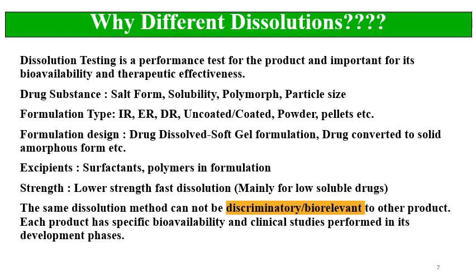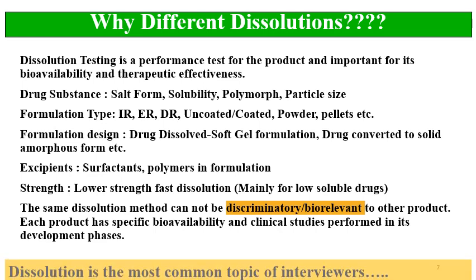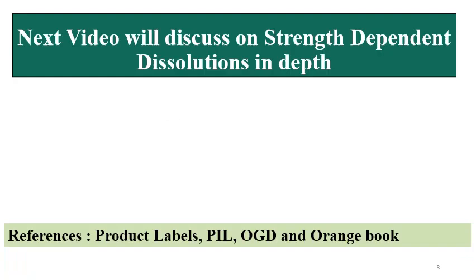And this is a very important point to consider. Each product has specific bioavailability and clinical studies performed in its development phases. So, while developing a dissolution method, all these points are required to be considered. And that's why the dissolution method is always product specific.